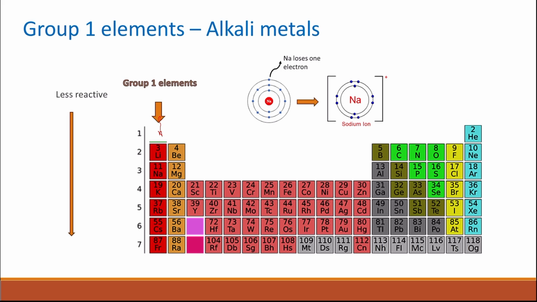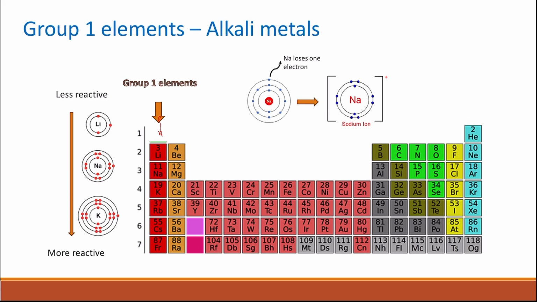As you go down the group, the reactivity of the metal will increase. So the metals at the top will be less reactive. As you go down, the reactivity increases. The reason behind that is, as you go down, the size of the atom increases, which means the outer shell electrons will be further away from the positively charged nucleus.